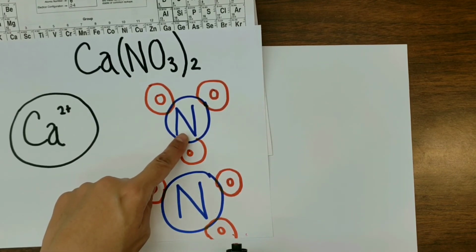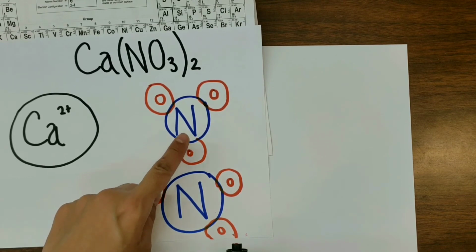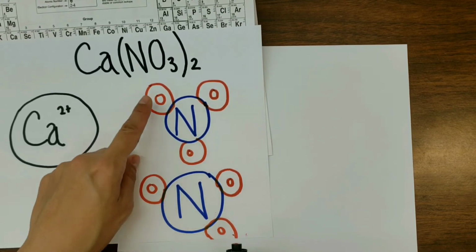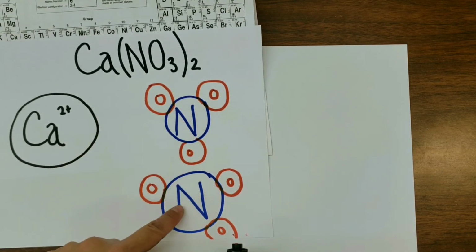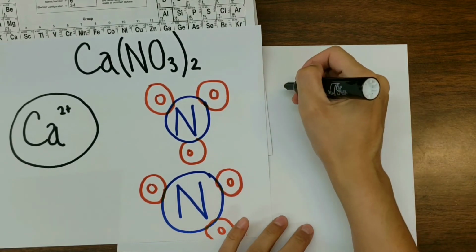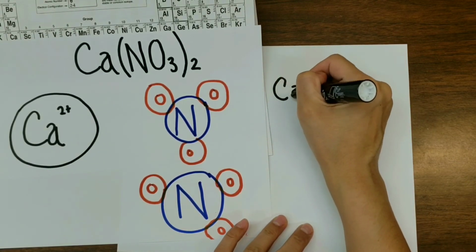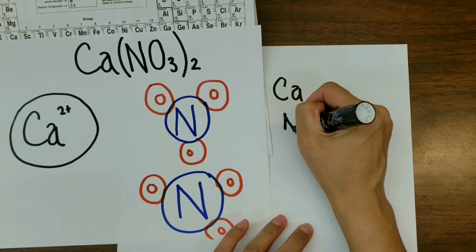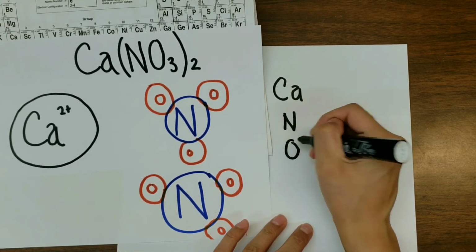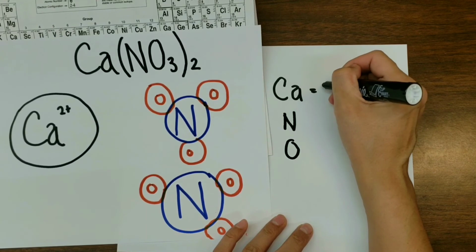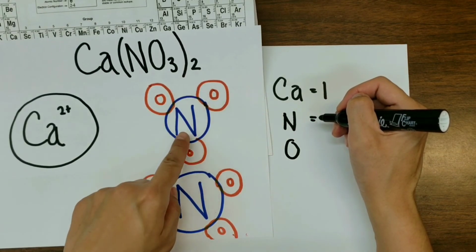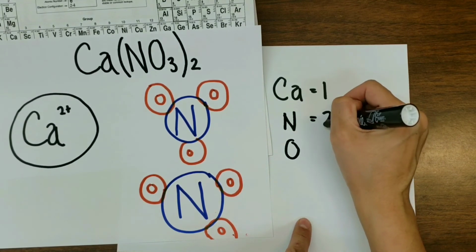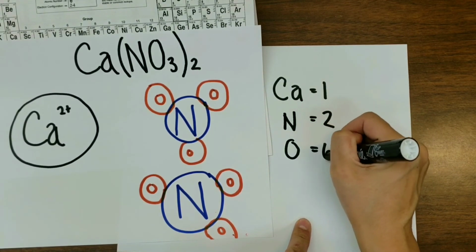Nitrate has one nitrogen and three oxygens, but since we have a 2 outside of the parentheses, we need to make sure that we have two nitrates. So here we have the elements calcium, nitrogen, and oxygen. There is one calcium. When we distribute this 2, there are 2 nitrogens and there are 6 oxygens.